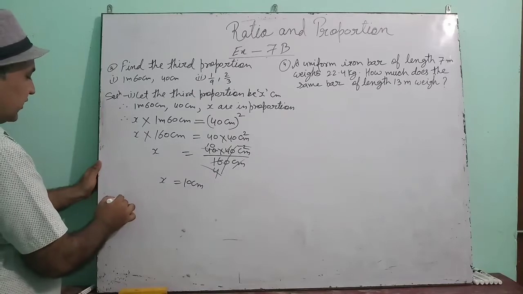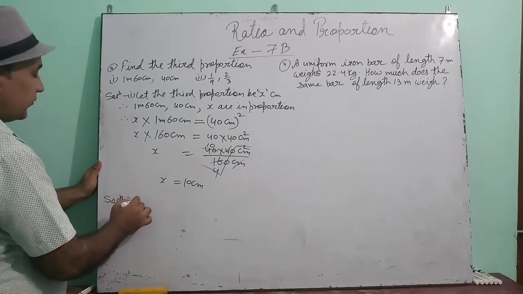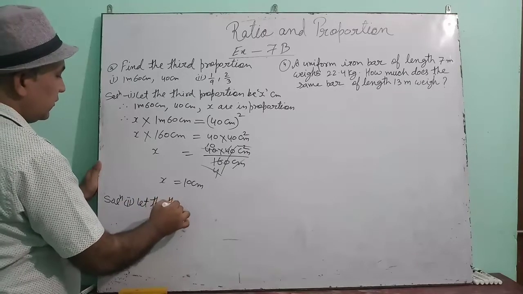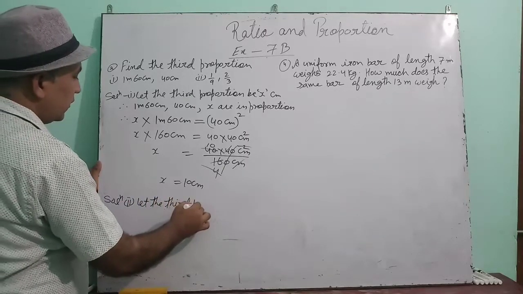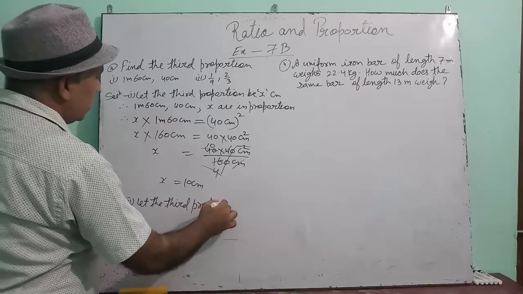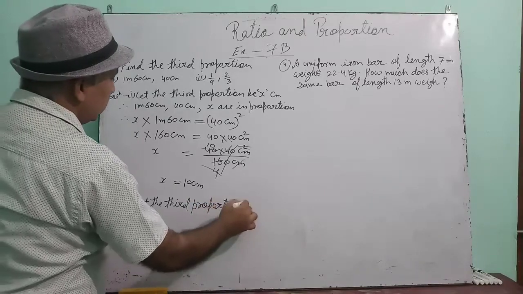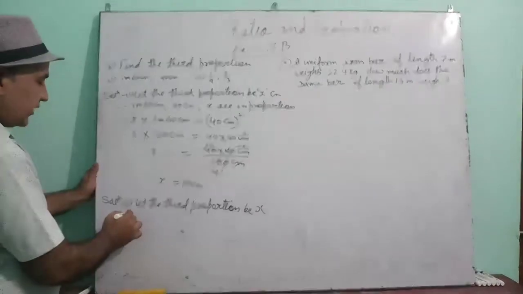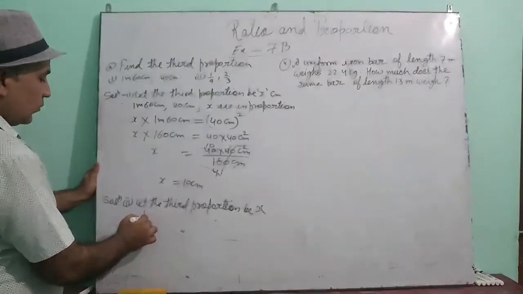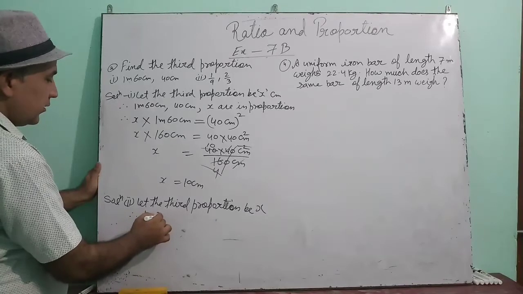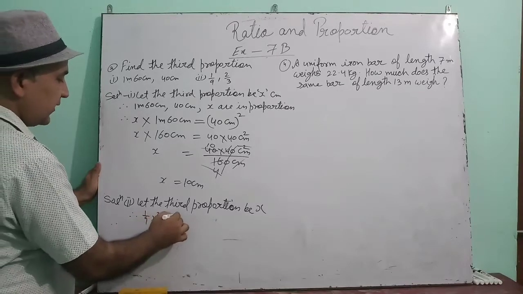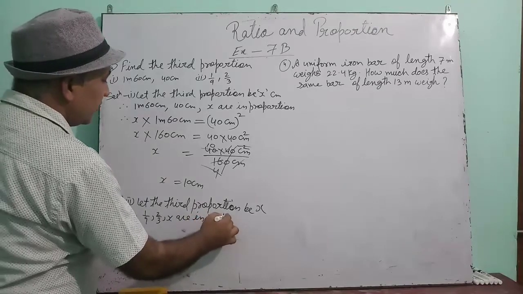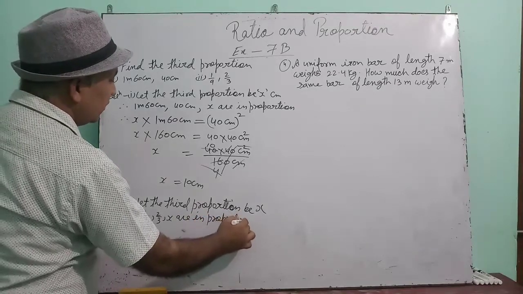See the second one. Again, let the third proportion be x. Then what is the method? 1 by 9, 2 by 3 and x are in proportion according to the question.